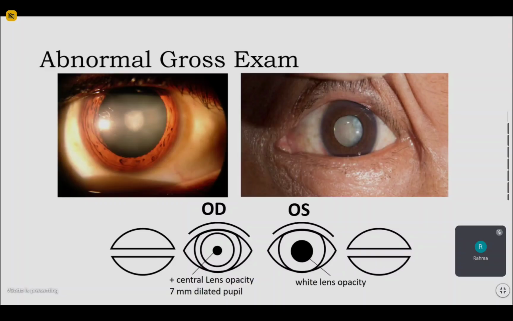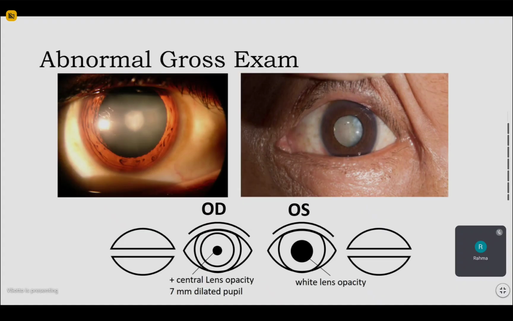So there is a central lens opacity. Compared to this picture on the left eye, it covers the entire pupillary aperture. The lens is already white, so we label it as white lens opacity. As you can see, we don't use the word cataract here, since we are just recording or documenting the findings.